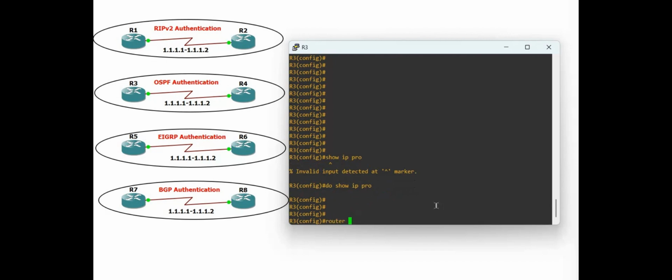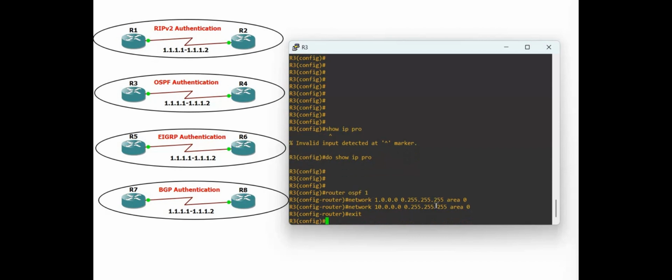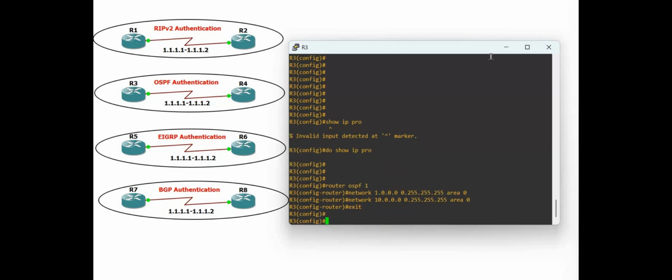So router OSPF 1 and network is 1.0.0.0 with wildcard 0.255.255.255, area is 0. And add the 10 dot network. Exit. The same thing we are going to configure on router 4 also.